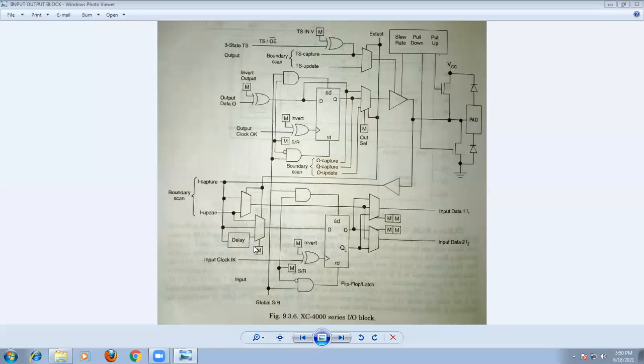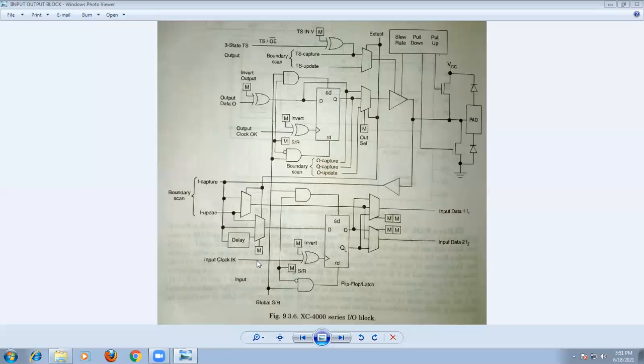The XC4003 series consists of 100 CLBs, 3000 gates, 80 input outputs (IO pins), 360 flip-flops and 45,636 configurable data bits. So these are the different advancements. As you increase the technology, these values go on increasing, up to the 4000 series, because this is the most widely used.